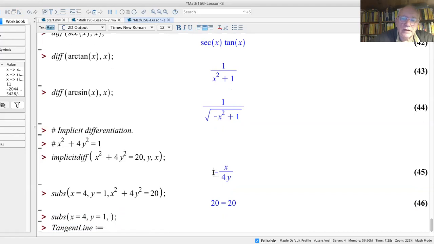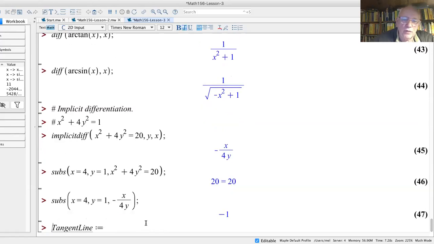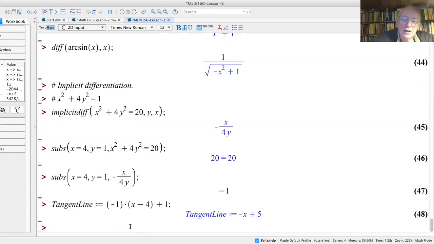Suppose I want to take this and evaluate that when x is 4 and y is 1. That's this point on the curve. At that point, the derivative is minus 1. So the tangent line will have slope minus 1 times x minus 4 plus 1. So I think that will be the tangent line.